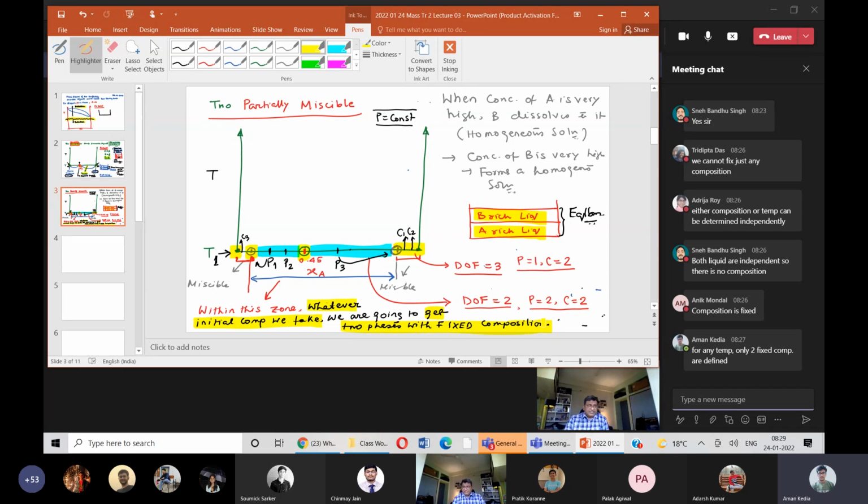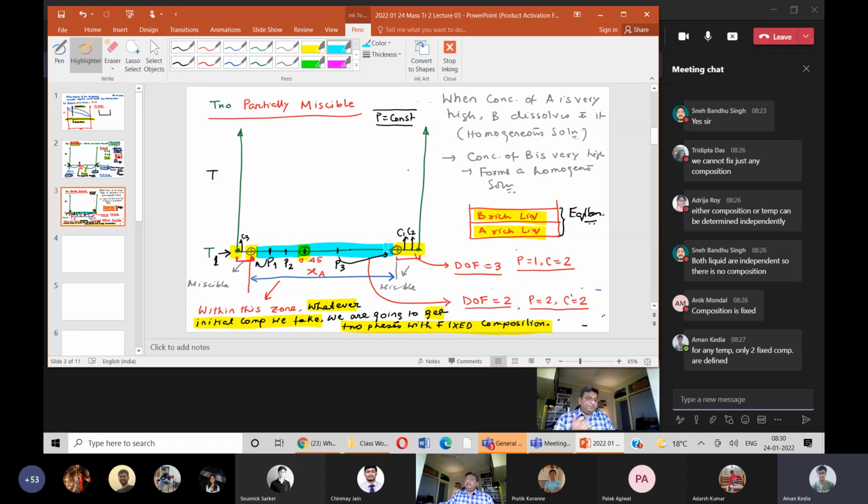So at a constant pressure, at a particular temperature, the moment you say that you are looking at a system that has two phases, you are essentially looking at the green part of this line. Is this clear to all? I have to define in my phase rule what is the number of phases.